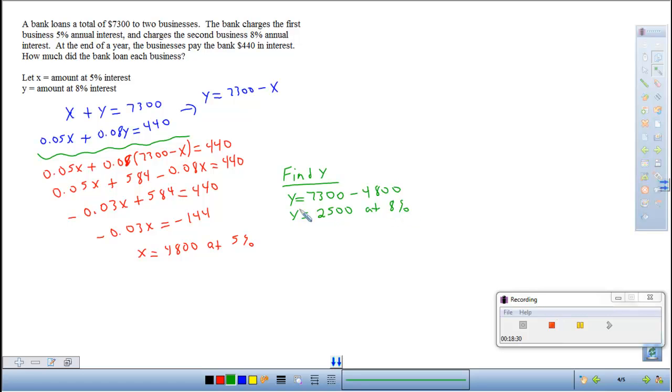And that makes sense. If we had a total of 7,300 and part of it, 4,800, was at the 5%, then the rest of it has to be at the 8% rate, which is the 2,500. So that's how you work through that type of problem. And again, you could have used substitution or elimination. I found substitution to be easier because I could easily get one of my variables by itself.